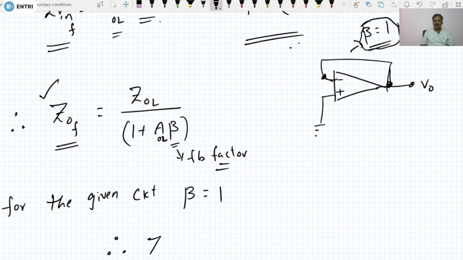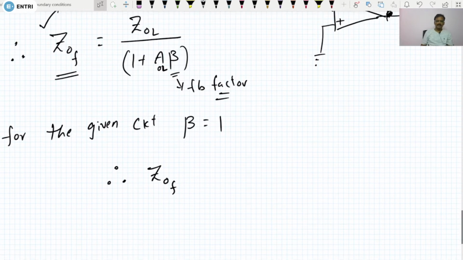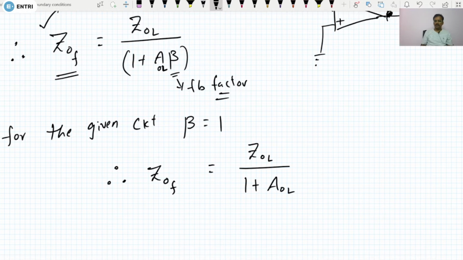Therefore I can write ZOF, that is the output impedance with feedback, is equivalent to ZOL by 1 plus AOL, where AOL is nothing but the open loop gain.